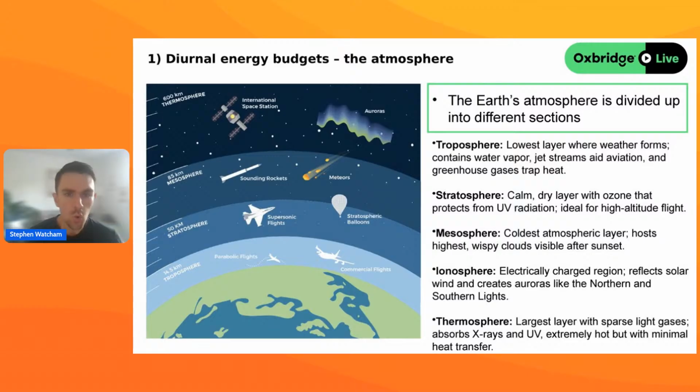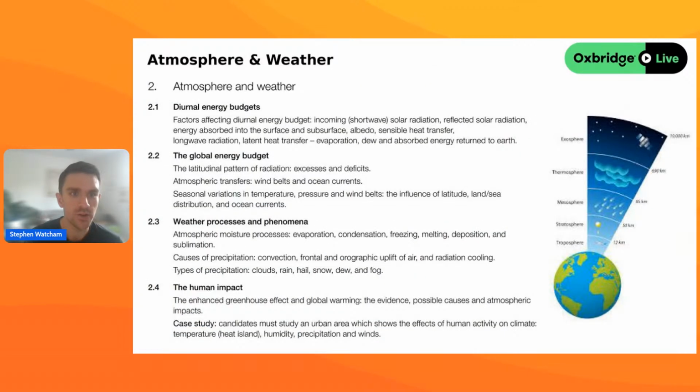The first part of this unit looks at diurnal energy budgets, okay? Here we've got factors affecting the energy budget, things like incoming solar radiation and reflected solar radiation, the energy absorbed into the ground, albedo, and sensible heat transfer.